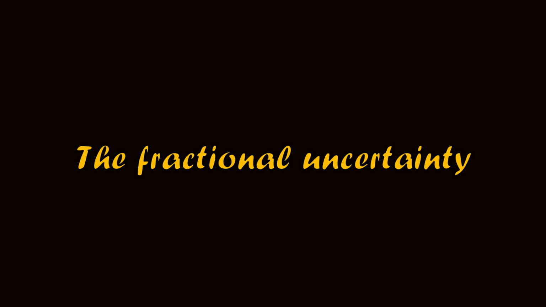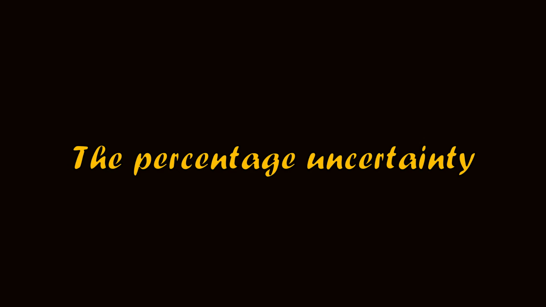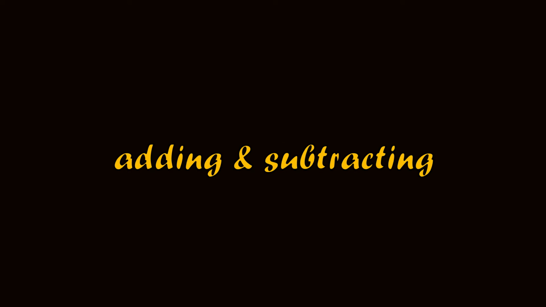We would write our value for the force as 2.6 plus minus 0.2 newtons. The fractional uncertainty is 0.2 over 2.6, which gives us 0.077, and the percentage uncertainty will be 0.077 times 100%, which is 7.7%.